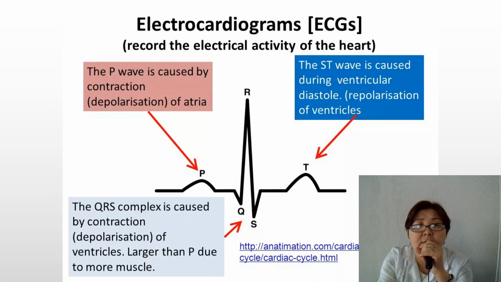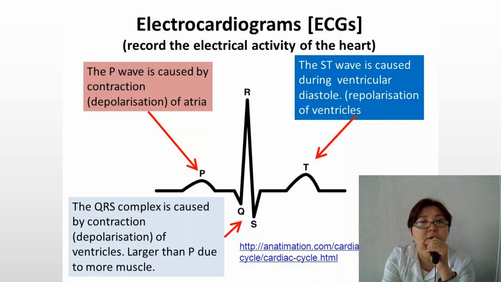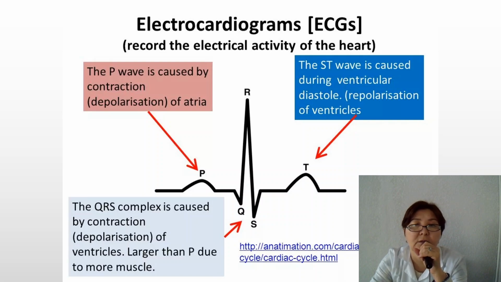The electrocardiogram records the electrical activity of the heart. It consists of the following waves, complexes, and intervals. The P wave is caused by contraction or depolarization of the atria.